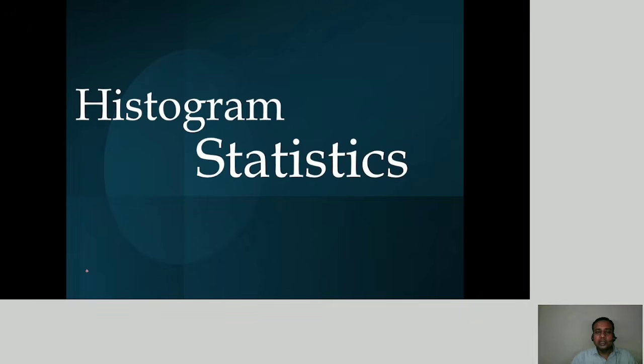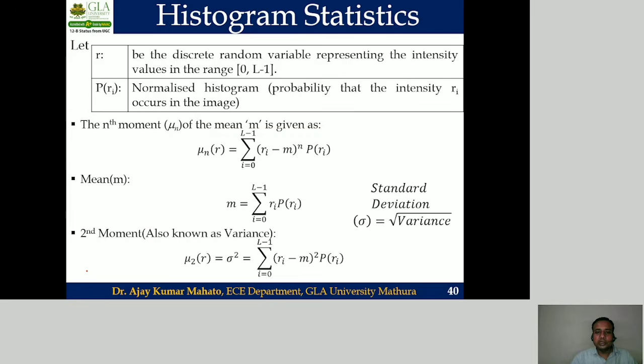So lastly, let us discuss histogram statistics also. In histogram statistics, we have to determine three terms: mean, variance, and standard deviation of the given digital input image. In order to compute the mean, variance, and standard deviation of a given digital input image, there are two methods.